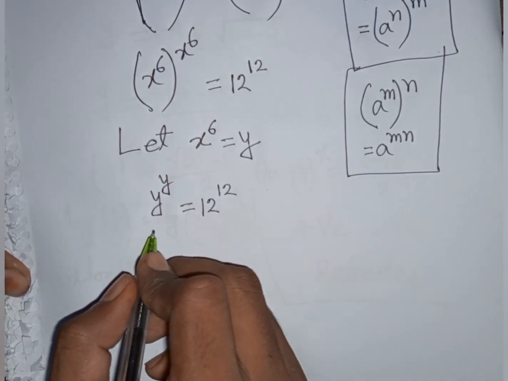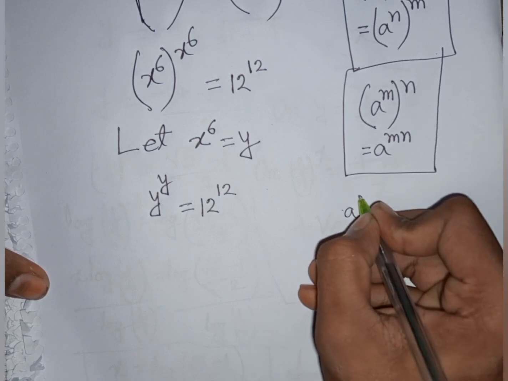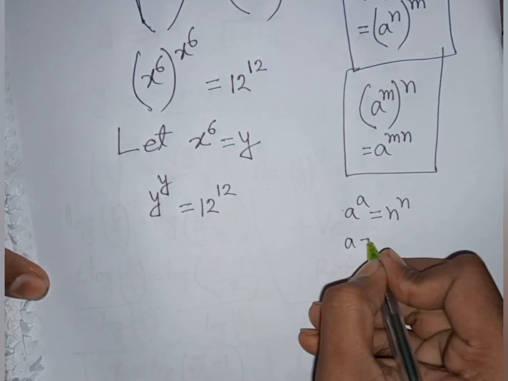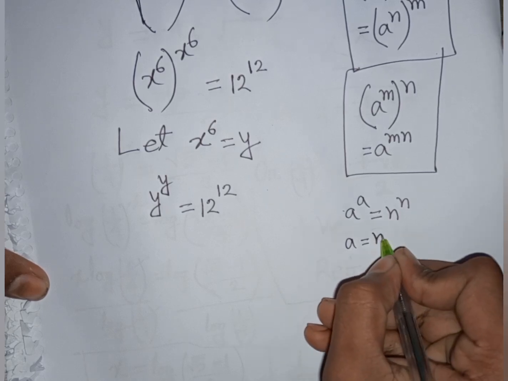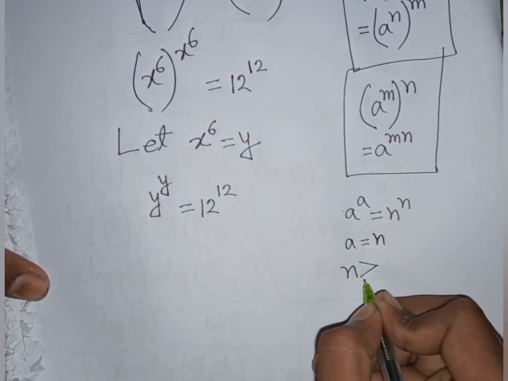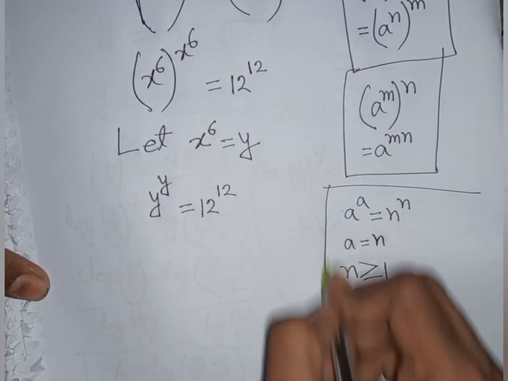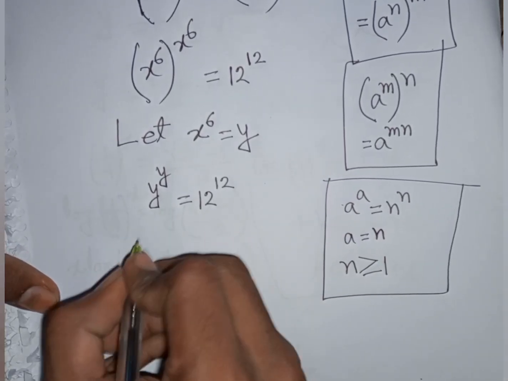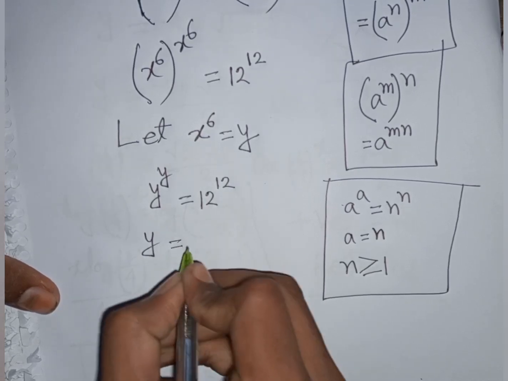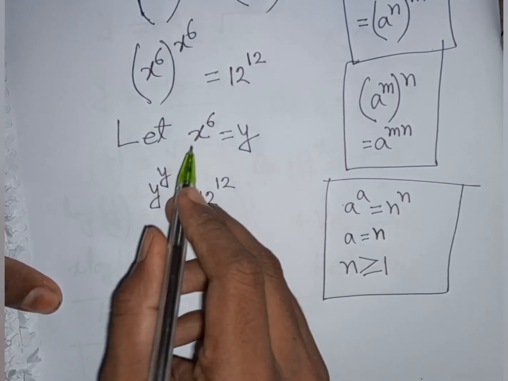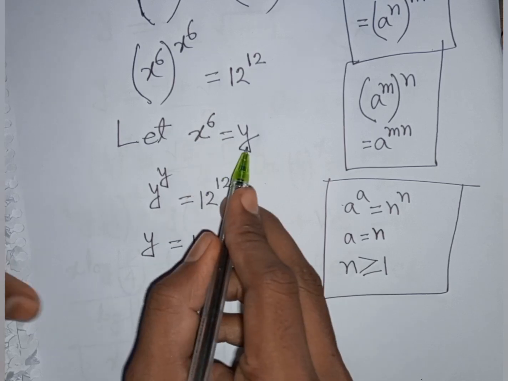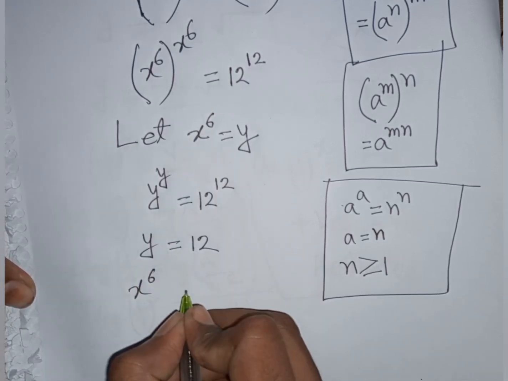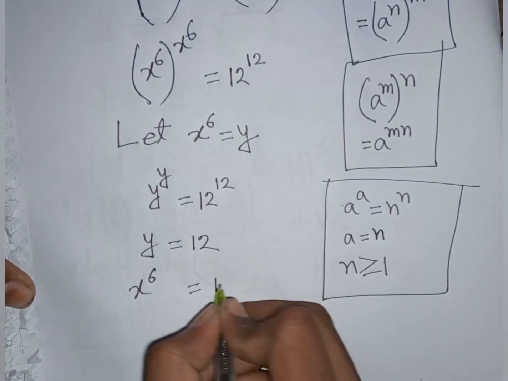Now here I can apply the rule that a power a is equal to n power n, so a will be equal to n, where n is greater than or equal to 1. So according to this rule, you can compare and y will be equal to 12. But remember that x power 6 is substituted by y. So y, that means x power 6, will be equal to 12.